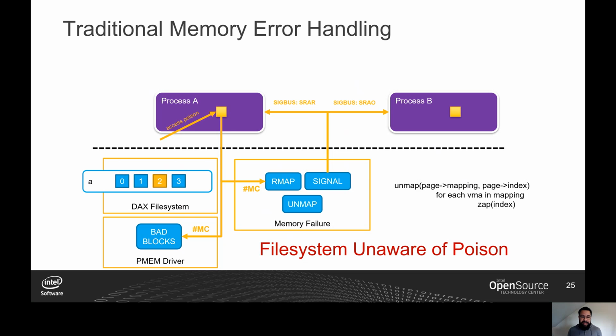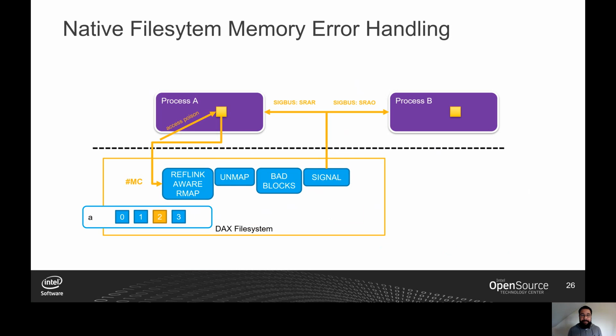But you notice that at no time did anybody tell the file system what was going on. So the unmapping, the recording of bad blocks, it all happens behind the file system's knowledge. Native file system memory error handling is a scenario where we tell the file system that the process consumed poison. And this is where a reflink-aware RMAP can be implemented in the file system.